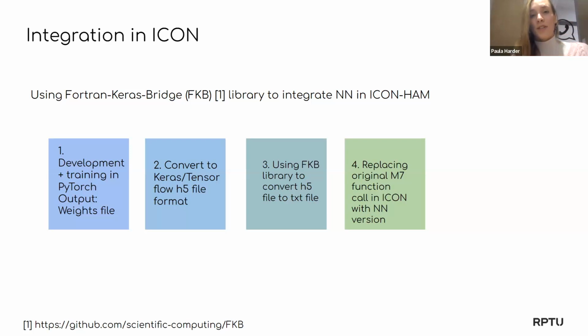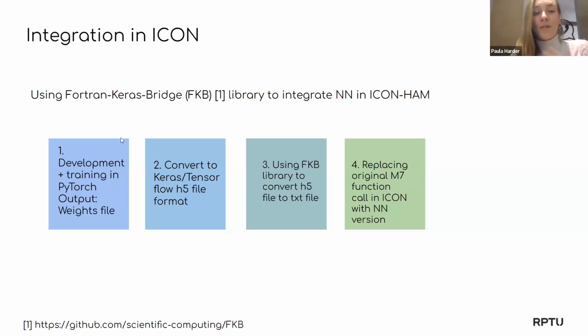You can just load your TXT file in the Fortran code and use the pre-implemented layers to run inference. There's no training, but you can run inference easily within Fortran.